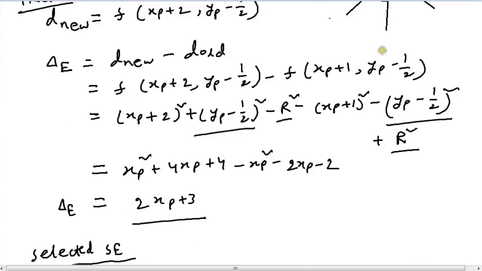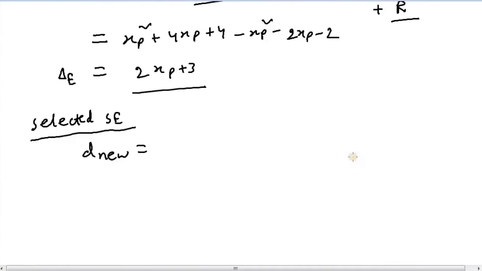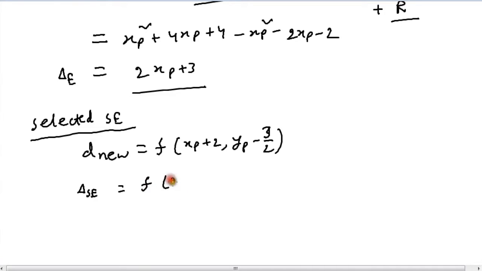So in this case, our D new would be f of xp plus 2, yp minus 3 by 2. Okay? So del SE would be f of xp plus 2, yp minus 3 by 2, minus f of xp plus 1, yp minus half.